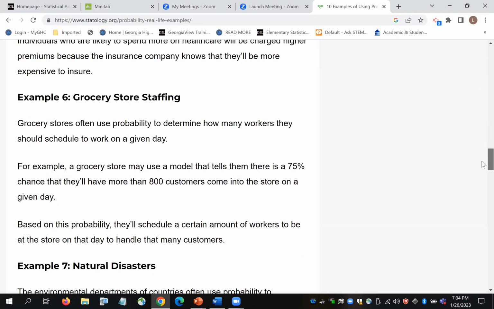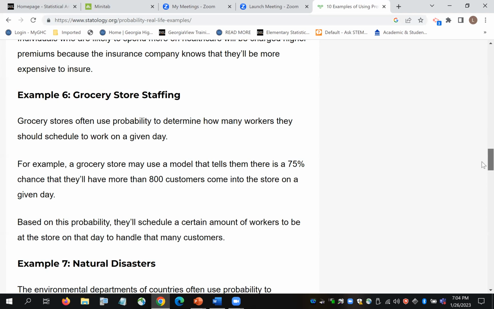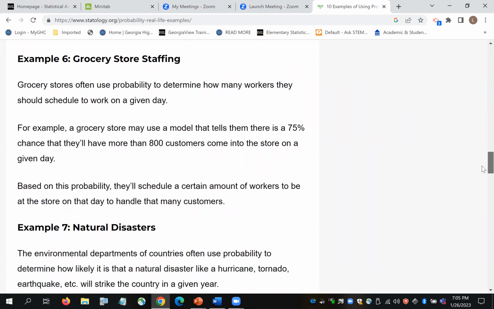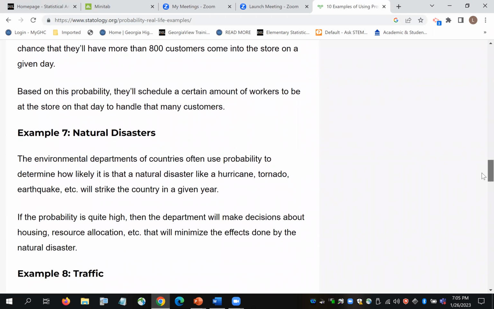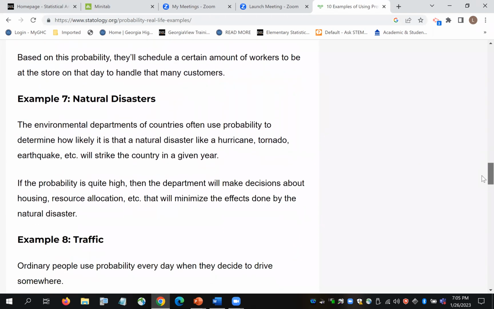Grocery store staffing. They use probability to determine how many workers they should schedule on a given day. Do they have more customers come in on Friday, Saturday, Sunday, or more in the middle of the week on Wednesday? Again, to get an idea of how many customers are coming into the store. Natural disasters.